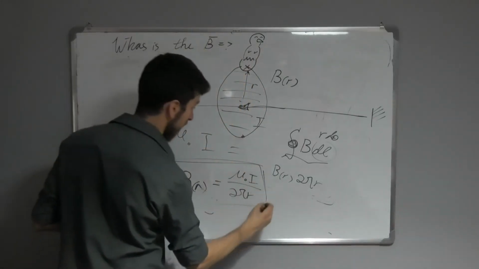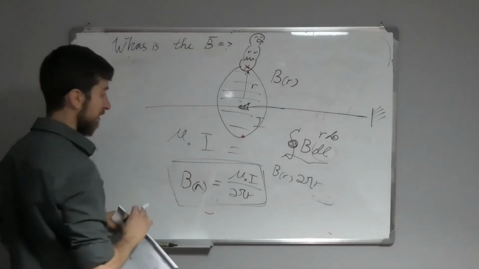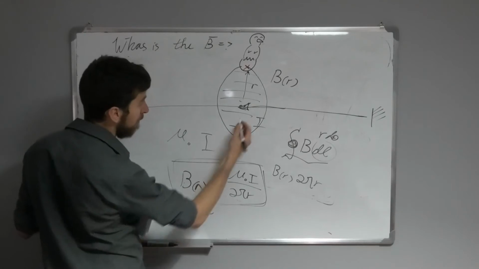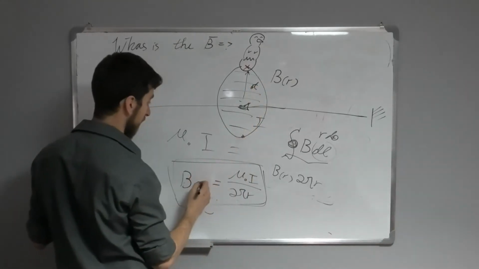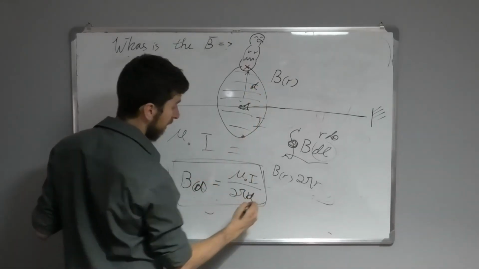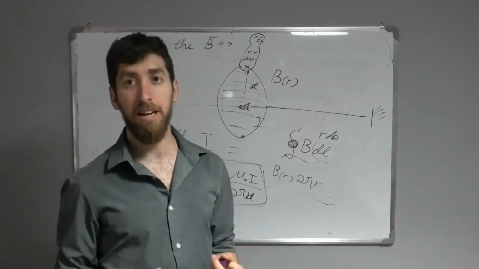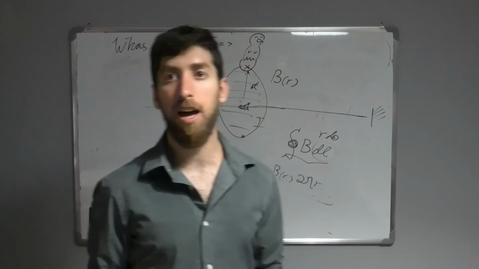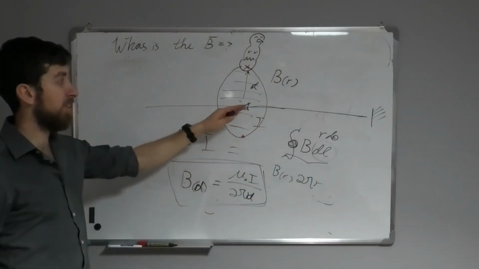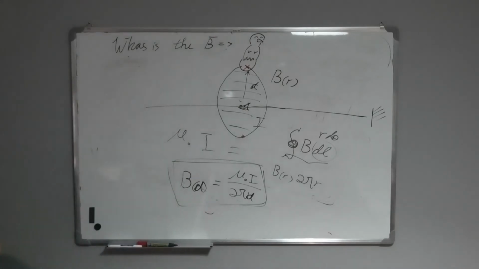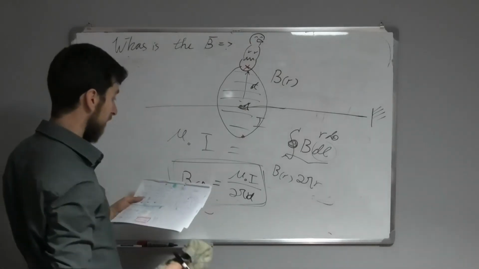Something I want to say is that this r is the distance from the wire, not the radial r of your coordinate system. It's just the distance radially away from the wire. You're going to see it next.